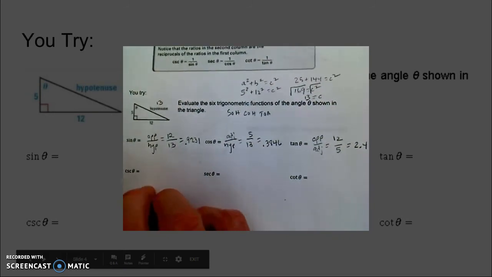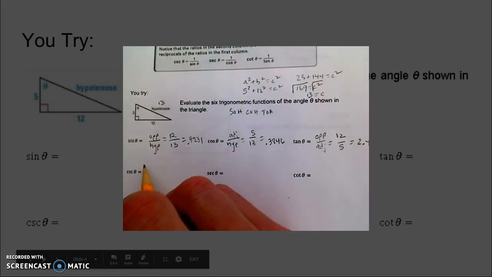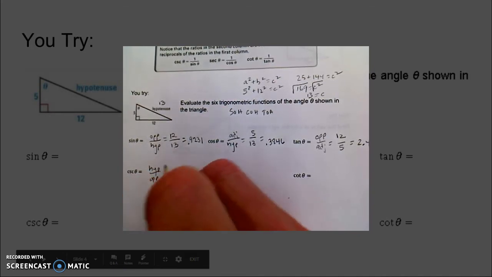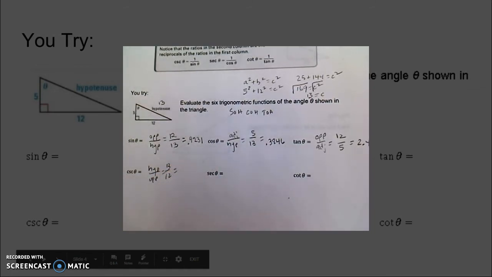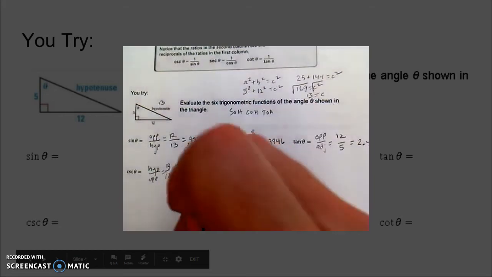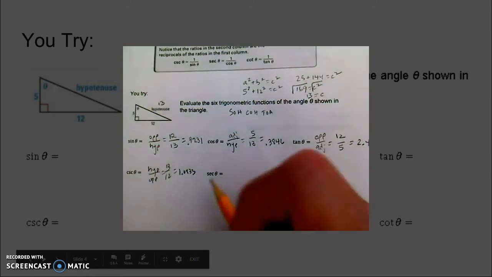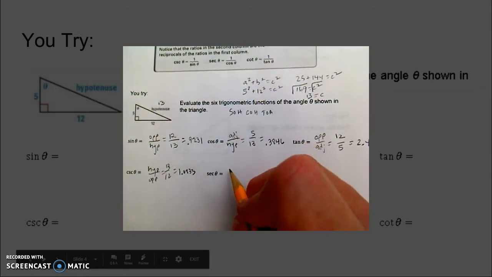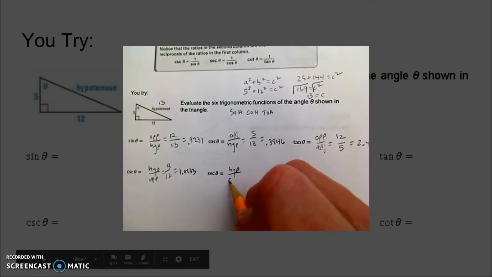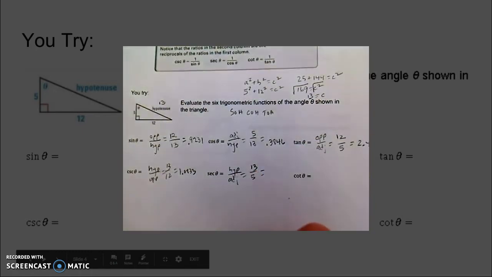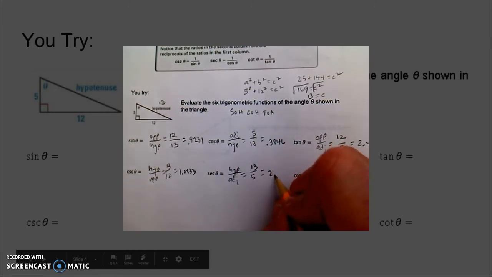All right, let's take a look at the other three. The cosecant is the inverse of sine. So that's hypotenuse over opposite, 13 over 12, which is 1.0833. The secant is the inverse of the cosine. Hypotenuse over adjacent, 13 over 5, and that's 2.6.